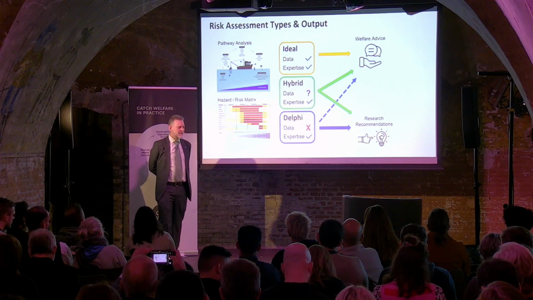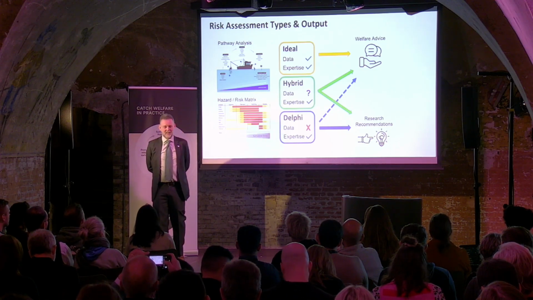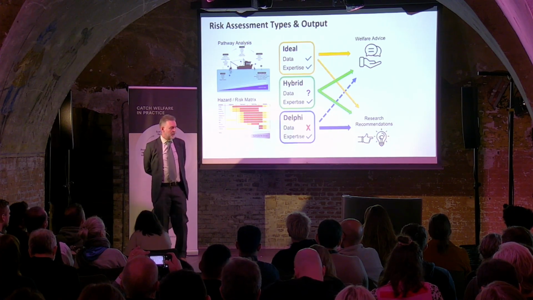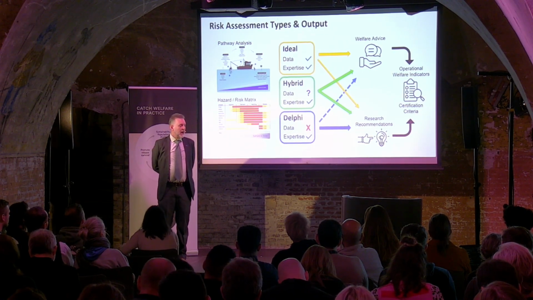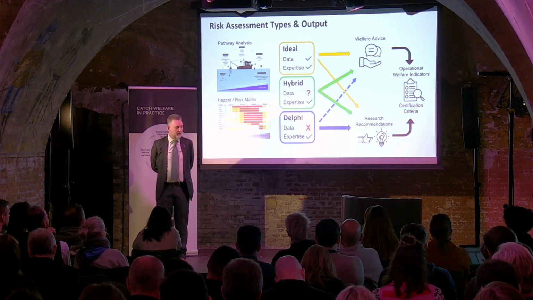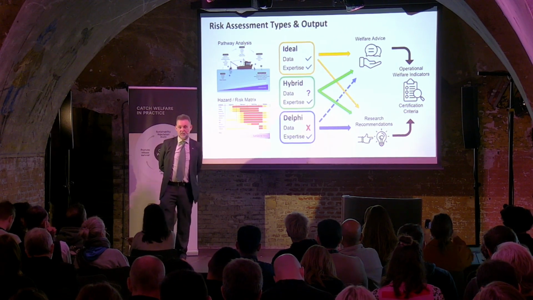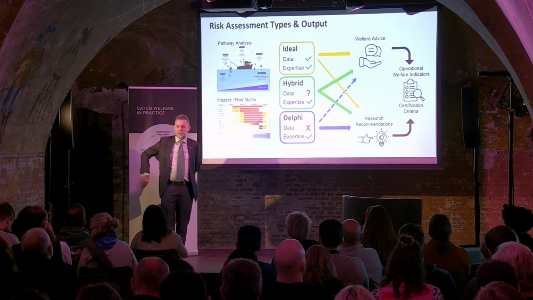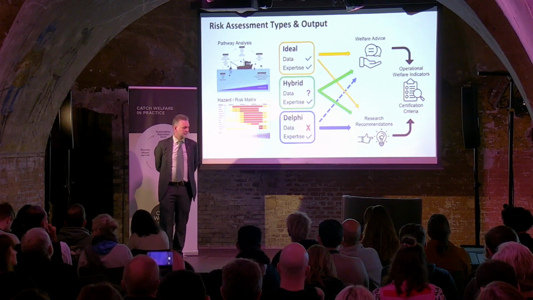And we should expect the Delphi to come up with some welfare advice at least. And certainly the ideal scenario will be coming up with research recommendations. And we hope that all of this will feed into our operational welfare indicators and our certification criteria. That's the plan. And that was the plan for the platform and the various steps within the platform.